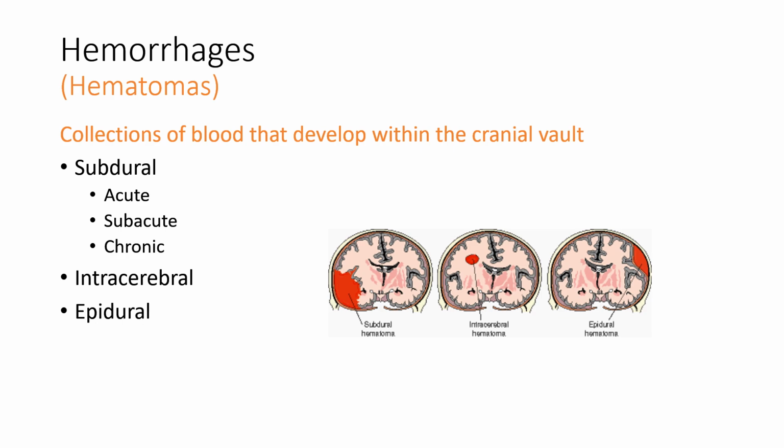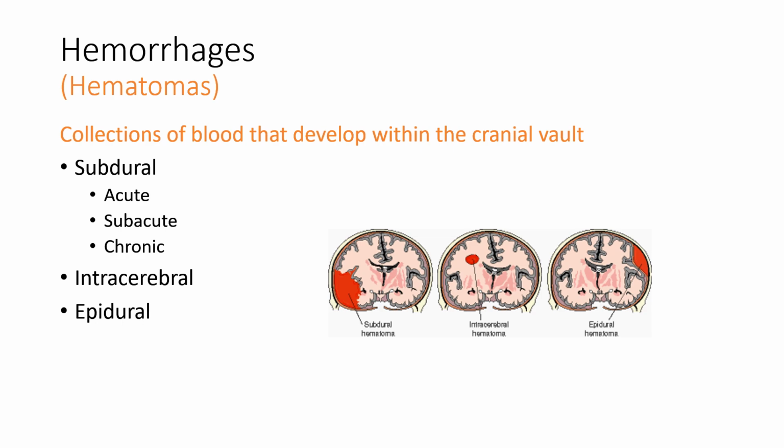These are usually venous bleeds, and they can be acute, which is 24 to 48 hours of symptoms, subacute, which means the symptoms occur 48 hours to 2 weeks later, or chronic, which means the symptoms may not start for 2 weeks. The treatment of subdurals is a craniotomy and removal of the bleeding and the clot.